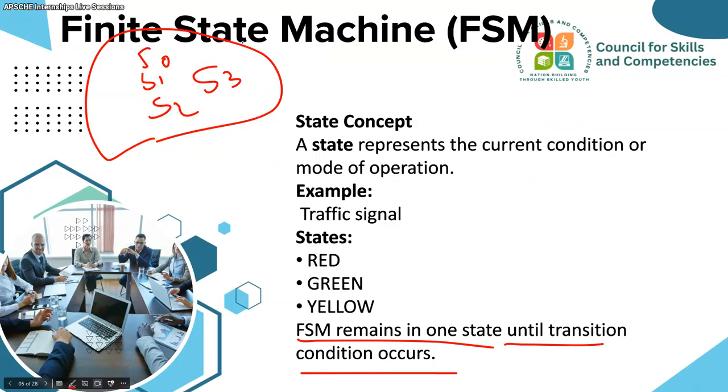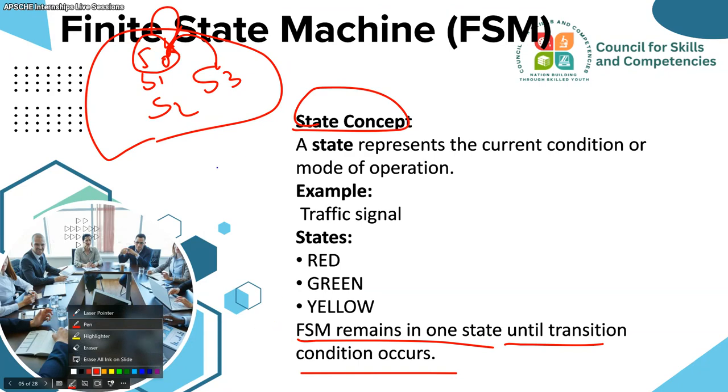A finite state machine will be in one particular state until a transition condition occurs. Otherwise, it will stay in this state. That is the state concept. Unless some condition occurs, it might change the state, or it will be in the same state.